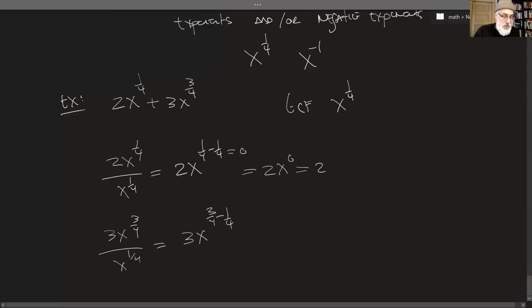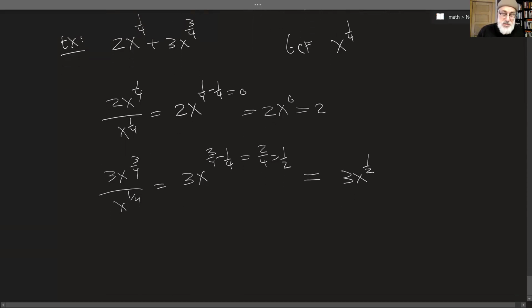What's 3/4 minus 1/4? It's 2/4, which is 1/2. So this is equal to 3x to the 1/2. So the factorization is, when we take out an x to the 1/4, we are left with 2 and 3x to the 1/2.